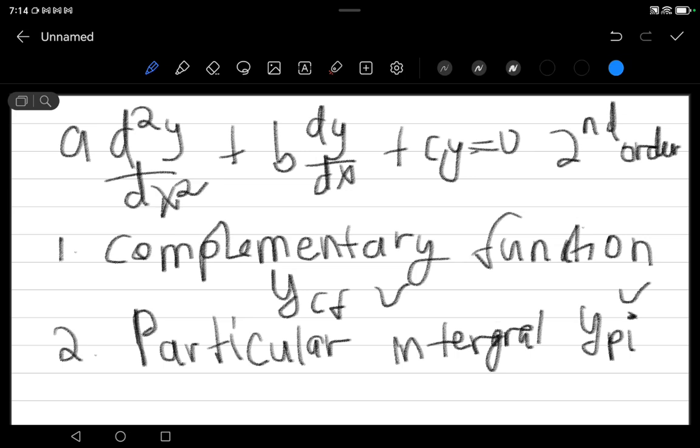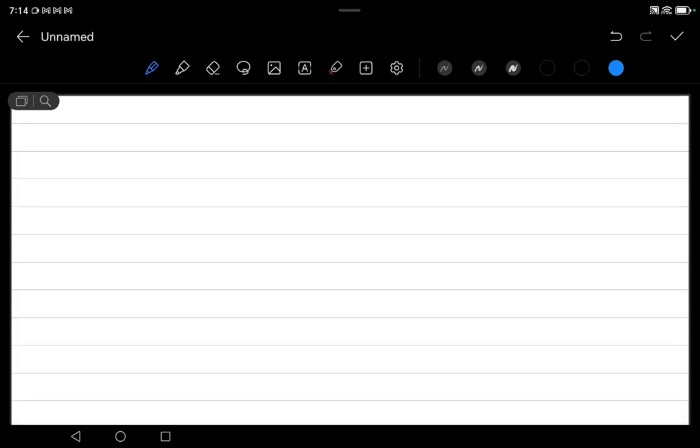So this is how we're going to determine YCF. You have to know this. To find YCF, we have to start by getting the values. Let's say we have y prime prime plus 2y prime equals 0. Here we're going to rewrite our equation in terms of m. The double prime shows that it is squared, and the single prime shows that it is first power.